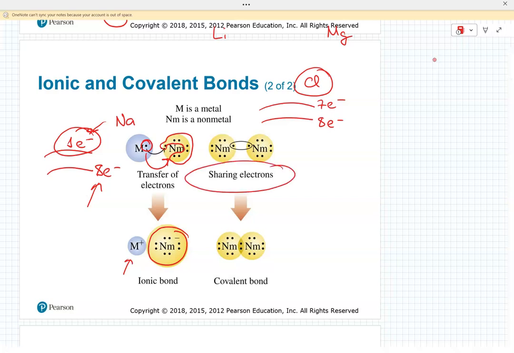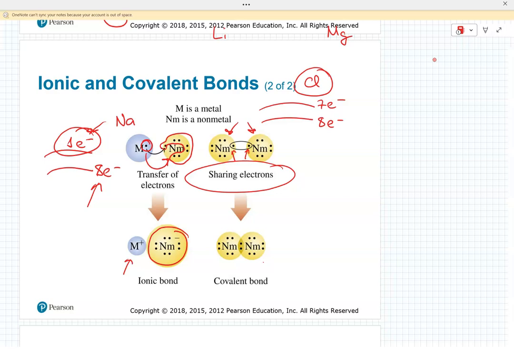Covalent, sharing the electrons. So 2 chlorines. Each of them has how many electrons on the outer shell? 7. Right? 7. And you see that? 7. Now what they're going to do, they're going to take these electrons that don't have a pair, and they're going to pair them. They're going to, quote unquote, own them.